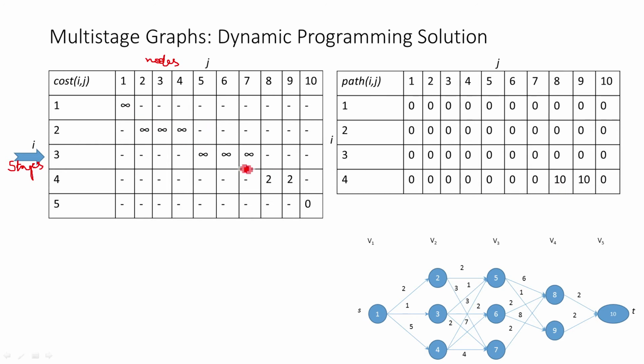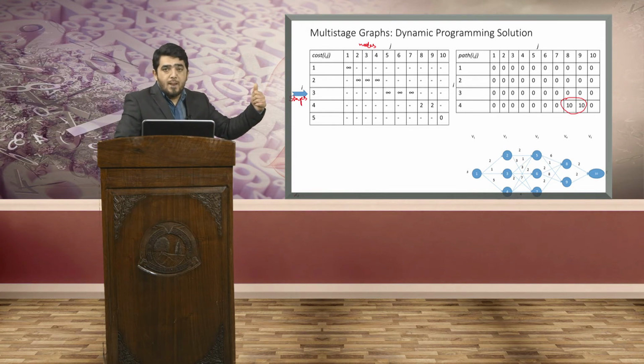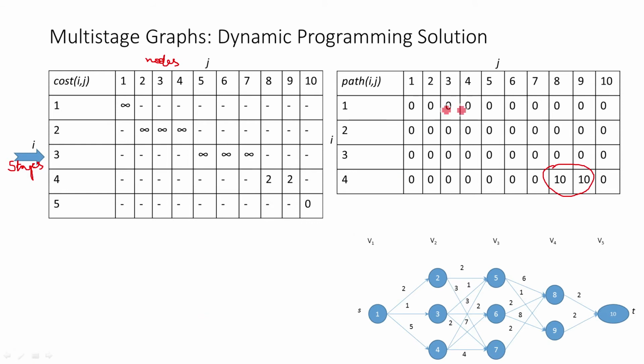We'll see later. Similarly, for the path array, we have stored node values for nodes 8 and 9, that is for stage 4 only. Others we have yet to decide. What the last row of the path array basically means is that when we are at stage 4, if we choose node number 8, to reach the final stage we have to go to 10.